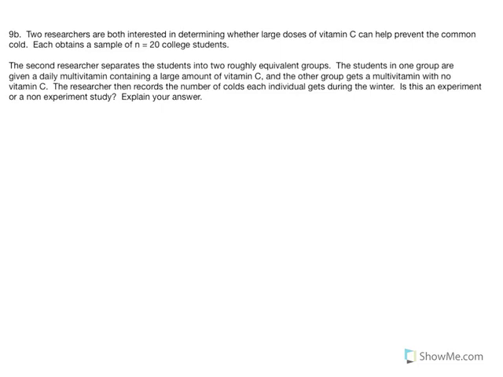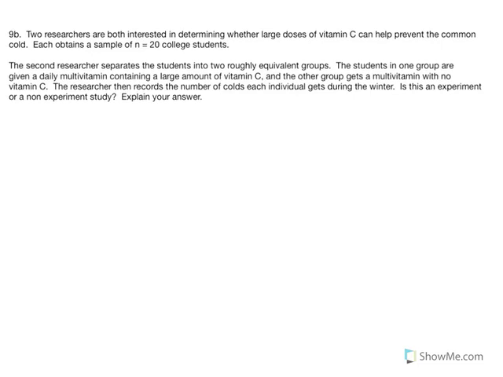So contrary to what we saw in the last one, two researchers are both interested in determining whether large doses of vitamin C can help prevent the common cold. Each obtains a sample of 20 college students. Again, we're working with the same information. But in this case, the second researcher separates the students into roughly equivalent groups.